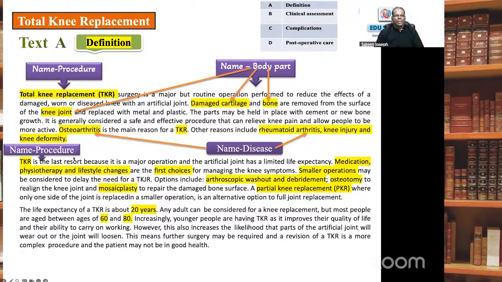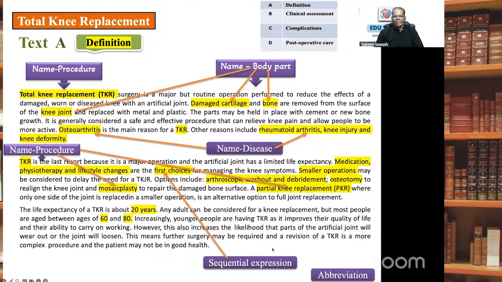Again, name of a procedure, that is partial knee replacement and mosaicoplasty. Then sequential expression here, first choices. Then you have abbreviation PKR. Here also you have TKR. Here you have PKR and TKR. Let's see whether they will be the answers. Time expression, 20 years, already you said. All these are mentioned by you.